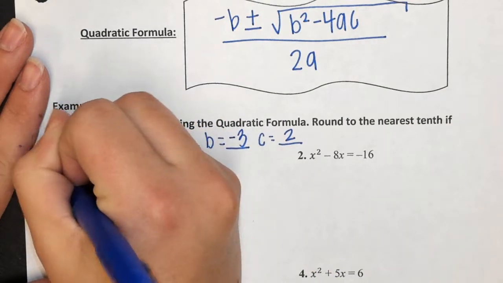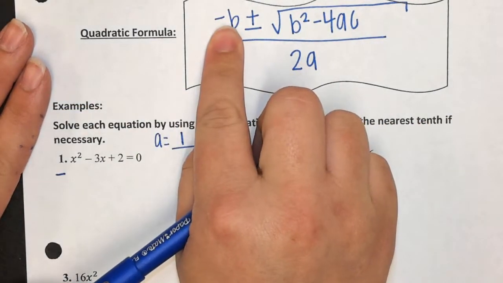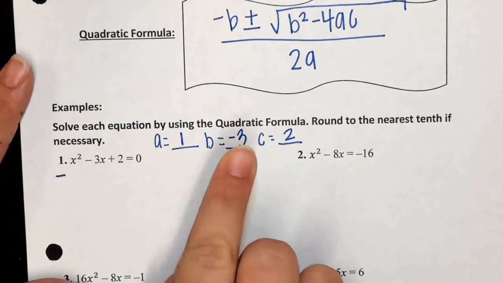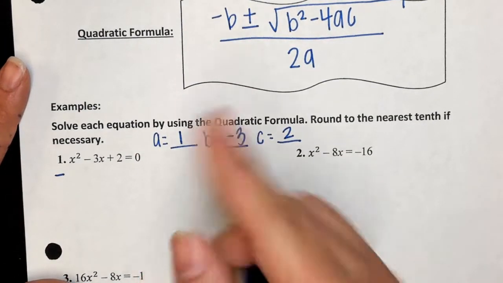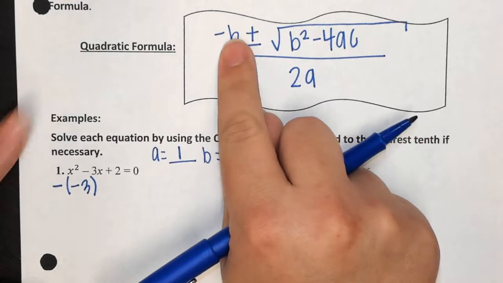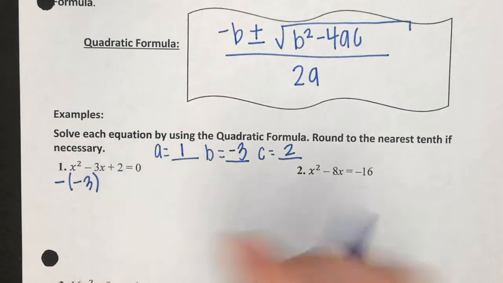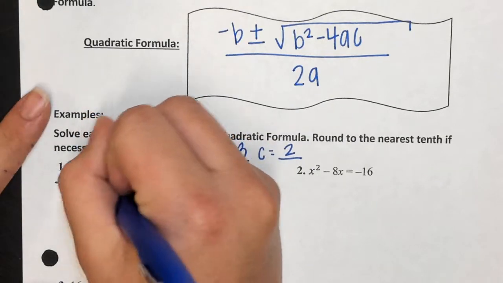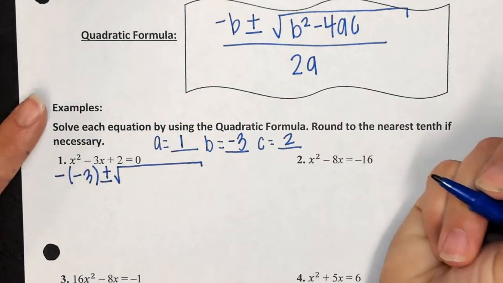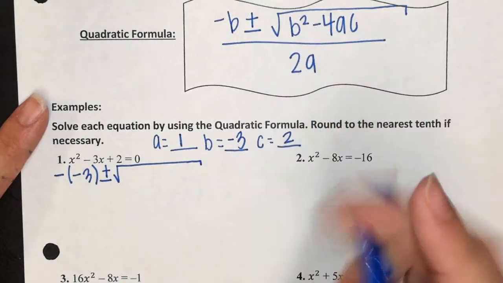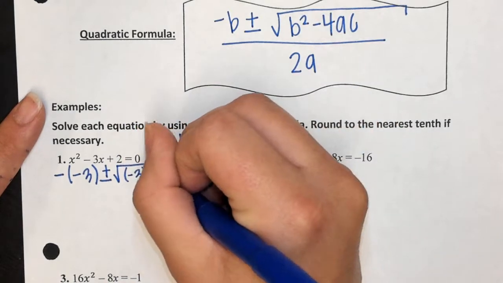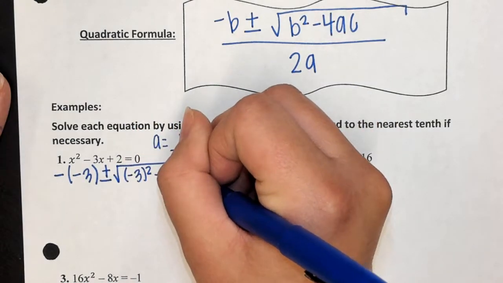So you have negative from your formula, and then we have B. We also have B that also has a negative, so keep both of those negatives. So we have negative from our formula, B, plus or minus the square root of B squared, which is negative 3 squared, minus 4AC.